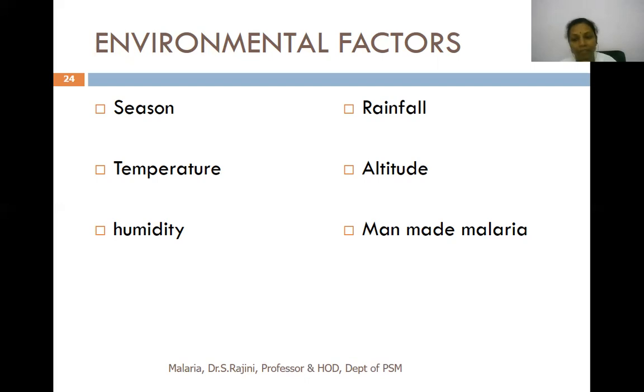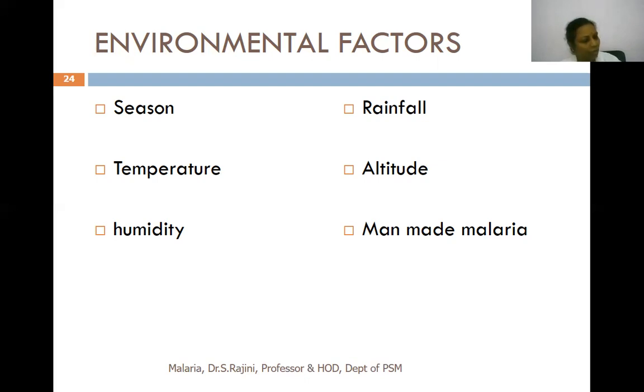However, heavy rainfall, as I already told you, has adverse effects of flushing out all of the breeding places. In altitude, Anopheles are not found at high altitudes, that is from 2000 to 2500 meters. So it is unfavorable for those mosquitoes to breed and live in those conditions.